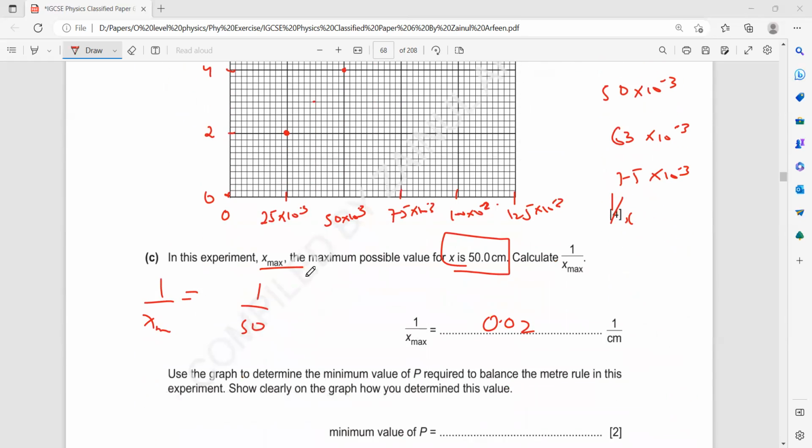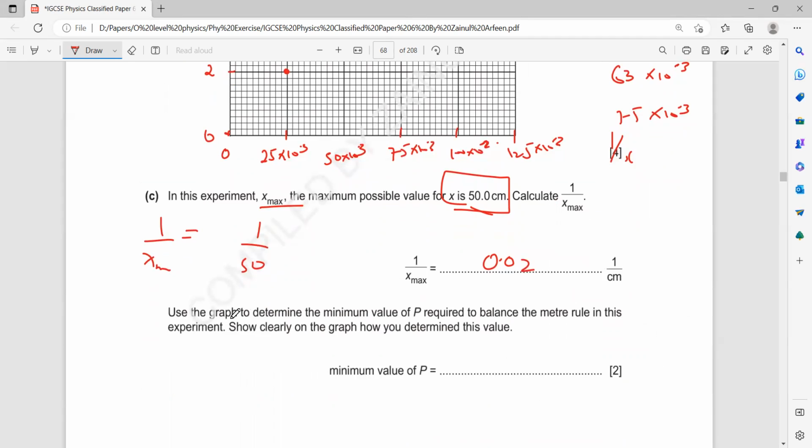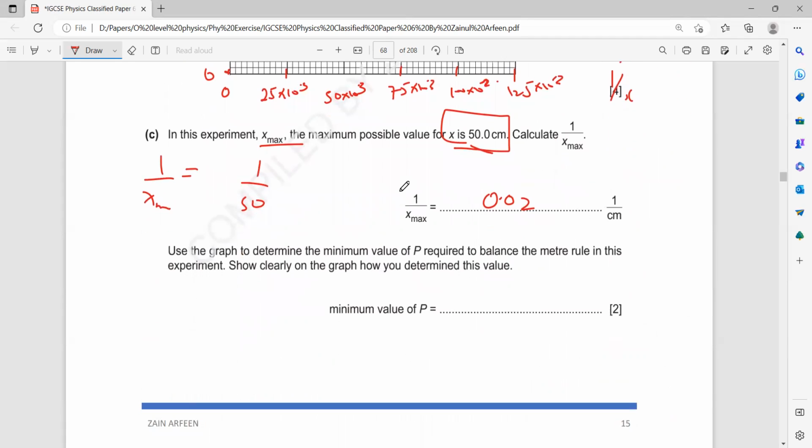So we work out in this experiment the X max, the maximum possible value of X is 50. So if X is 50, we take 1 over X. So 1 over X is equal to 0.02 in the experiment. Then the next part, use a graph to determine the minimum value of P. So the idea is that, as you can see, if the value of X is increasing, the value of P is decreasing.